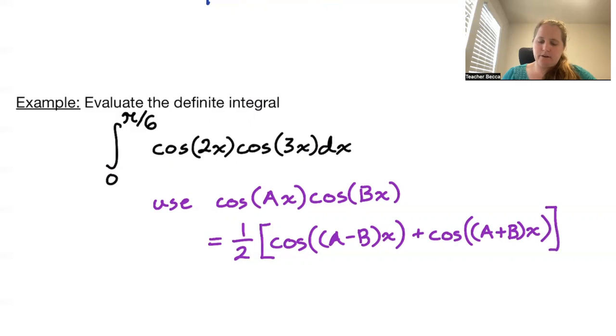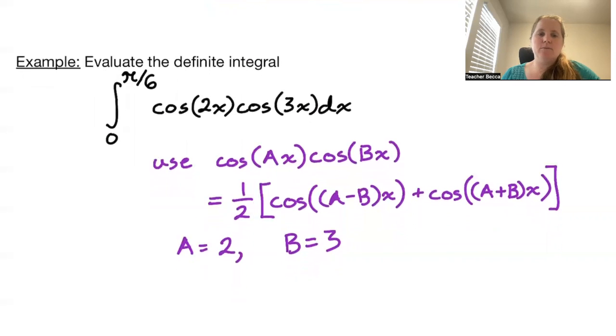In this case, our a is 2 and our b is 3. It doesn't matter which one you pick as your a and b; you could also pick a to be 3 and b to be 2.